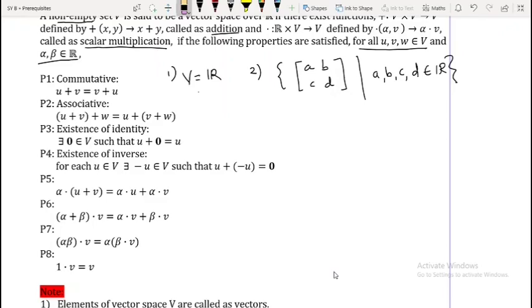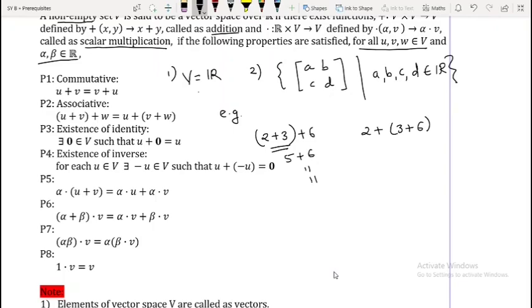For example, we'll go for (2 plus 3) plus 6, suppose, that is the left hand side. What about the right hand side? It is 2 plus (3 plus 6). If you solve it, it will be 5 plus 6, that is 11.